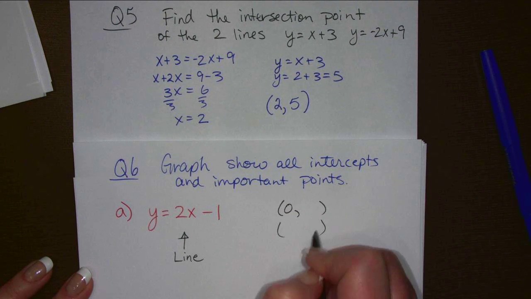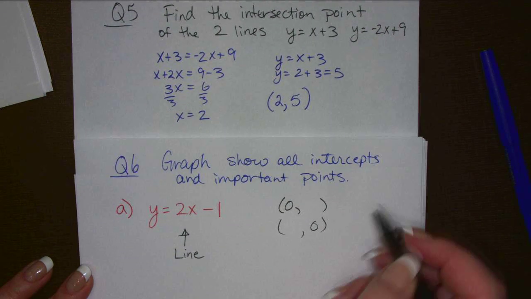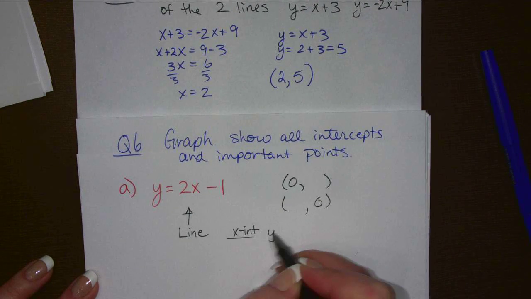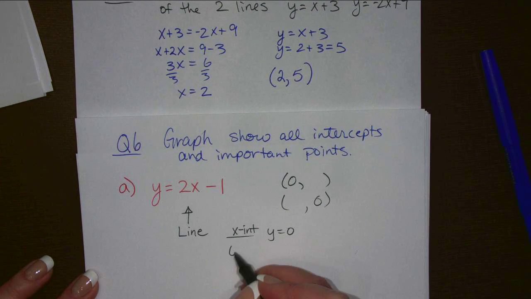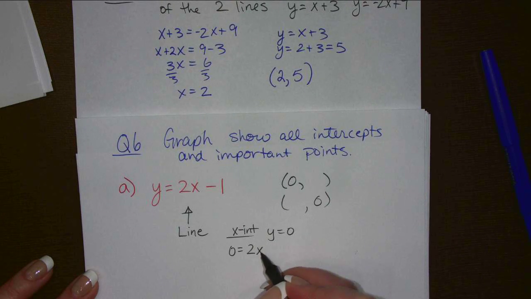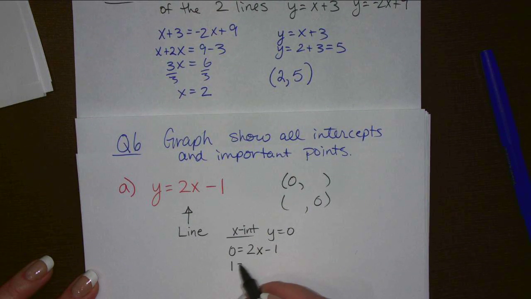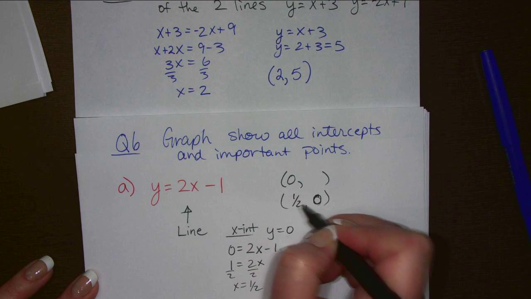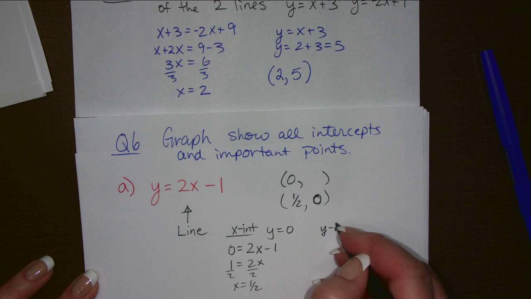So our x-intercept, we're going to let y equal 0. Y equals 0 is the second one here, so 1/2. And our y-intercept, we're going to let x equal 0.